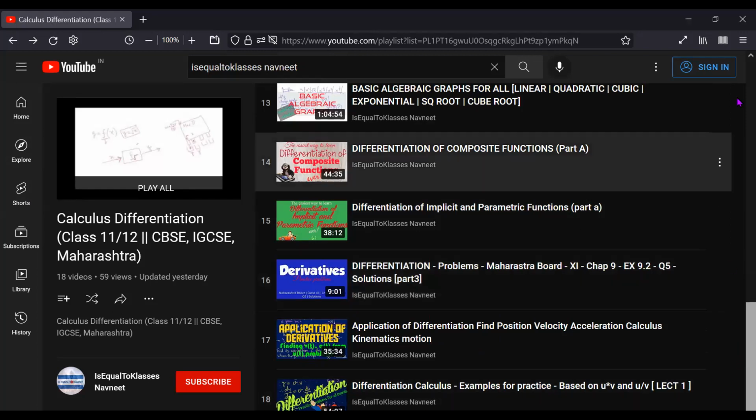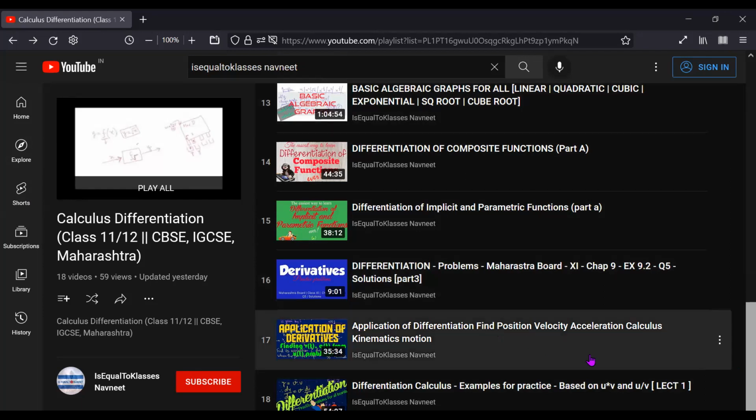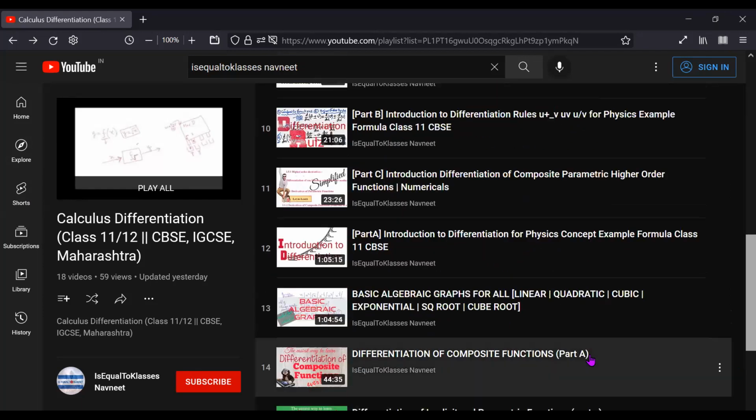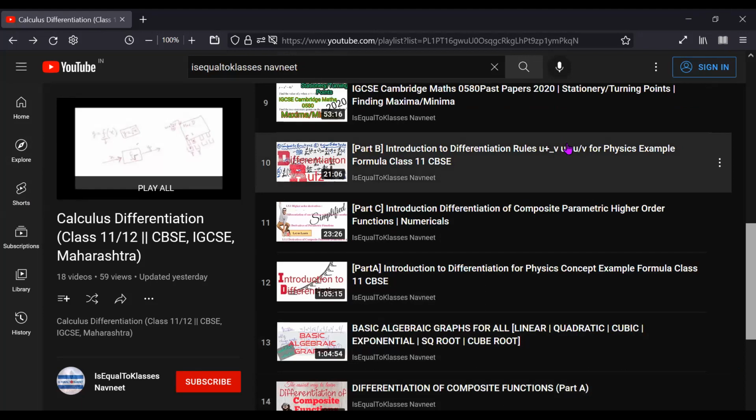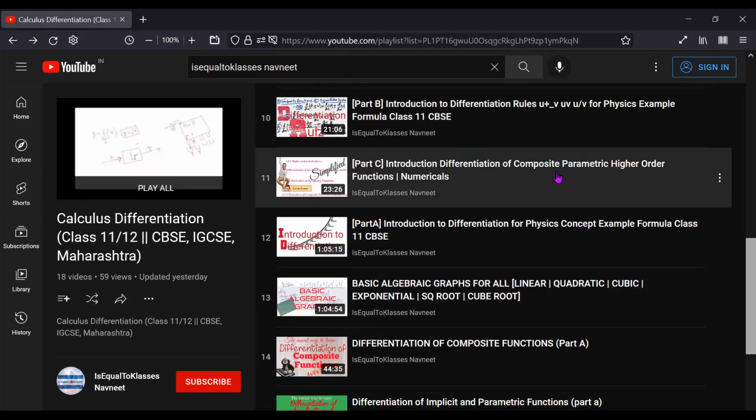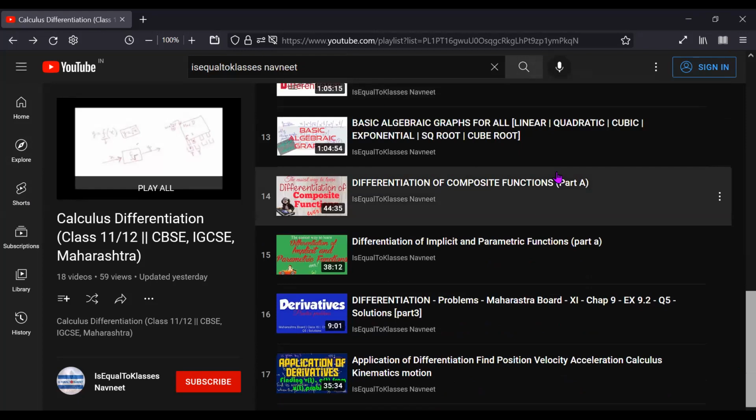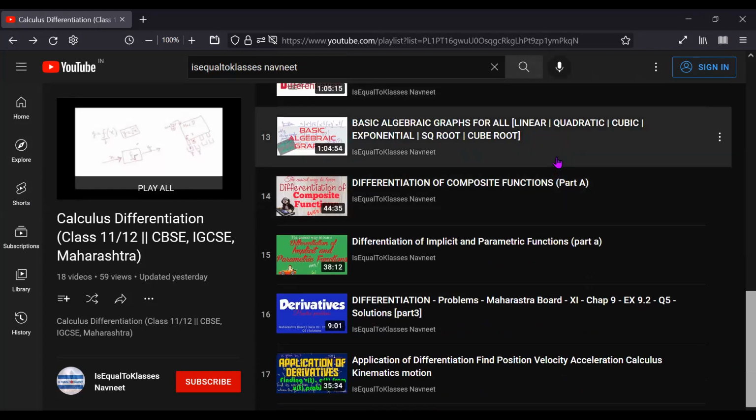So this is a pretty detailed lecture. Or if you haven't understood, then you look at the introduction to differentiation rules, U plus minus V, UV, U upon V for physics example formula, class 11th. Any doubt, Avantika? No.